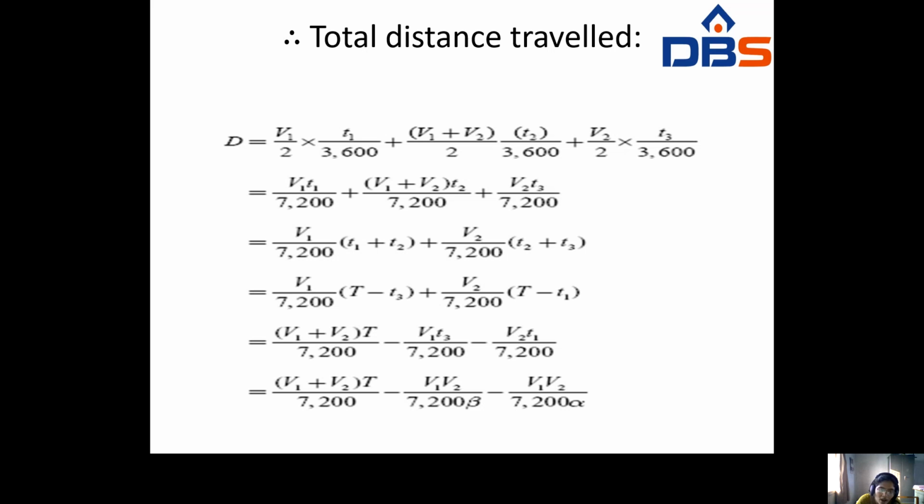From all these four terms you take common V1 by 7200 and V2 by 7200. Taking V1 by 7200 common, we have T1 plus T2. Similarly, taking V2 by 7200 common, we have T2 plus T3. Now the total time taken by the train is capital T equal to T1 plus T2 plus T3.